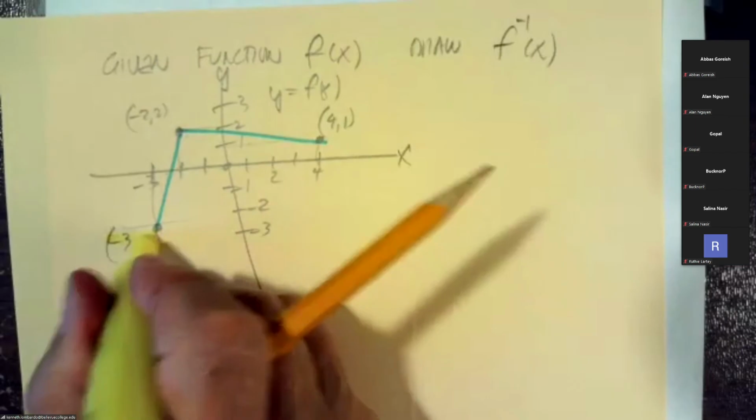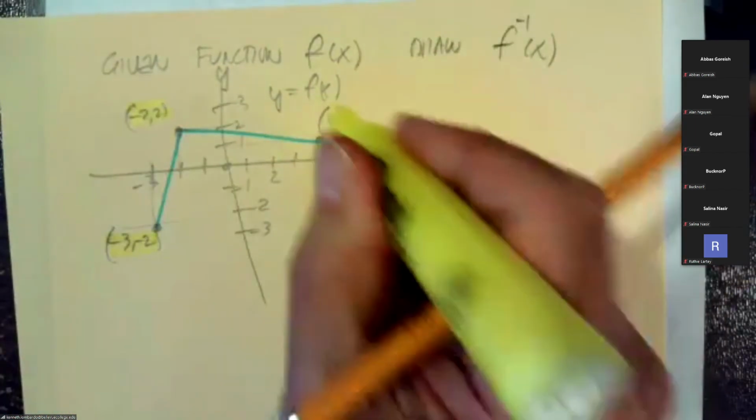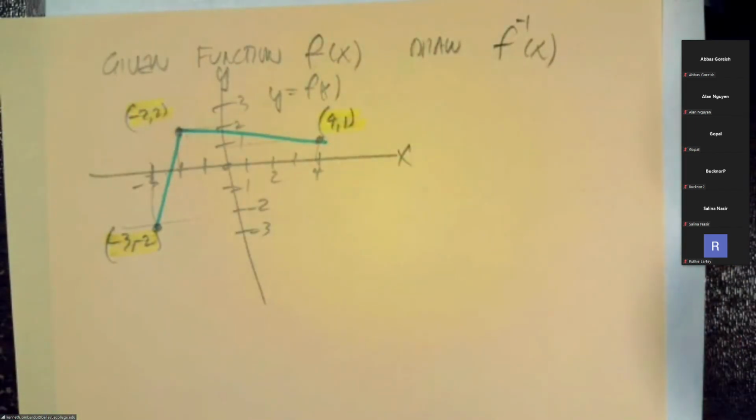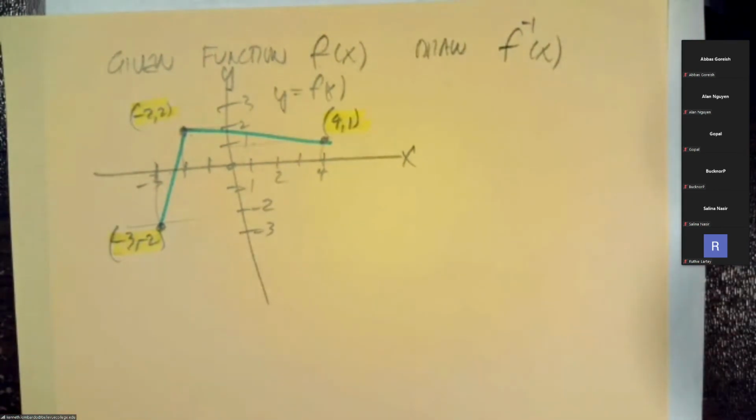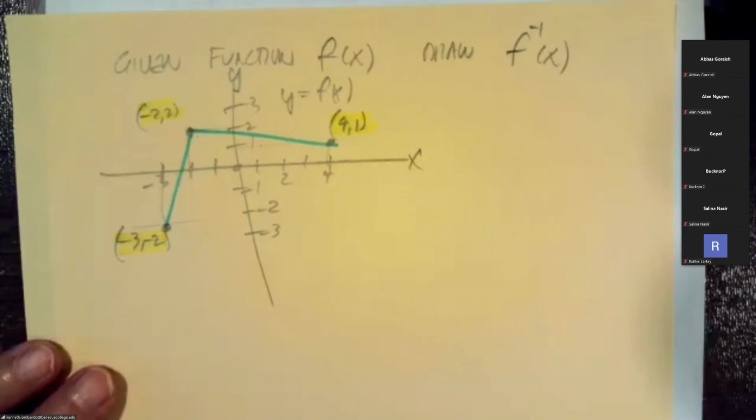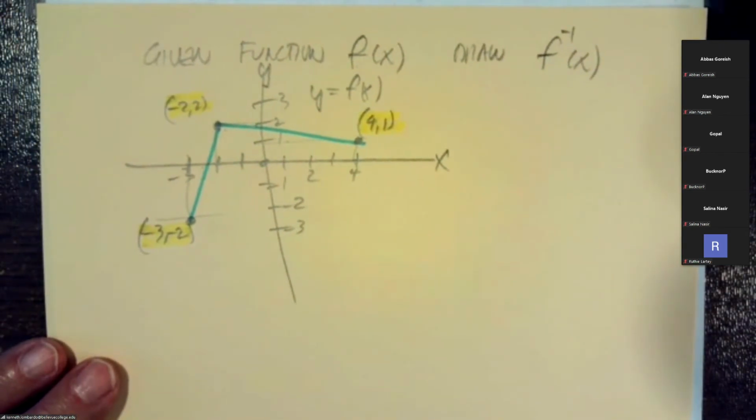And I have the function that goes here to here to here. And now I say, draw the inverse. Do we have enough information to draw the inverse? And if so, what would we do to draw the inverse of that function?